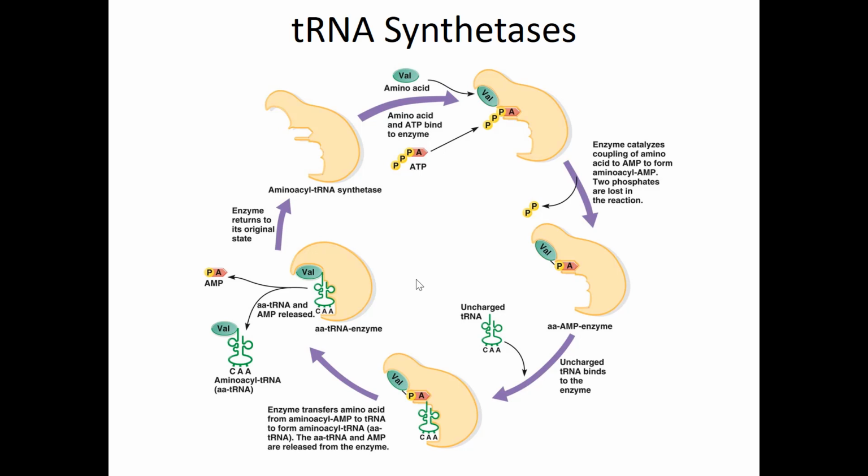Instead, each amino acid has a specific tRNA synthetase enzyme that it binds to, and this tRNA synthetase attaches that amino acid, in this case valine, to any of the tRNAs that can actually bring that amino acid in this process of translation.